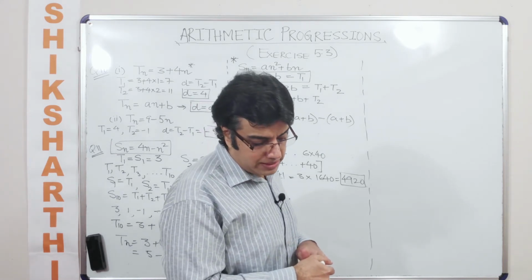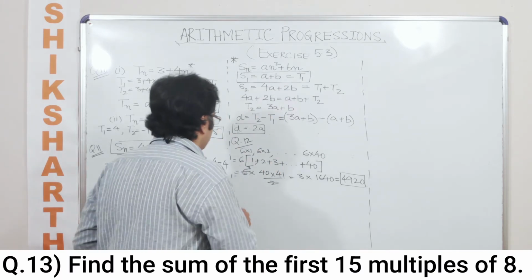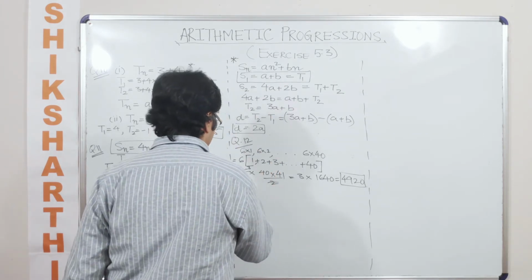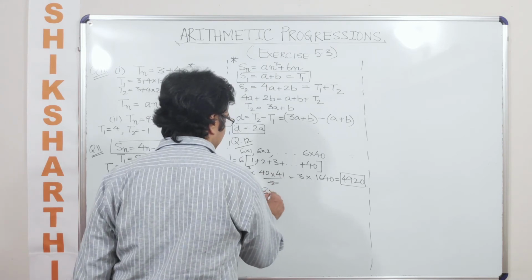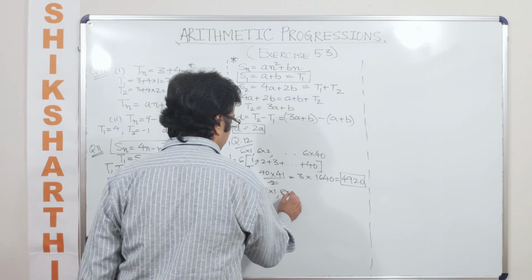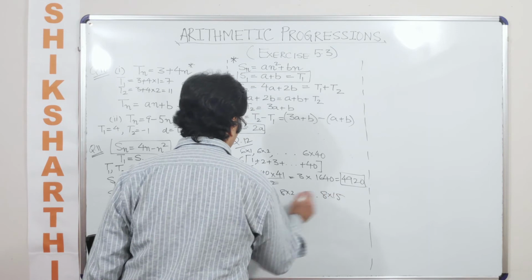Moving on to question number 13. Find the sum for first 15 multiples of 8. Using the same logic, if you are saying first 15 multiples of 8, you are basically saying 8 into 1, 8 into 2 and so on, ending on the 15th multiple, which is 8 into 15, and you are supposed to find out the sum.